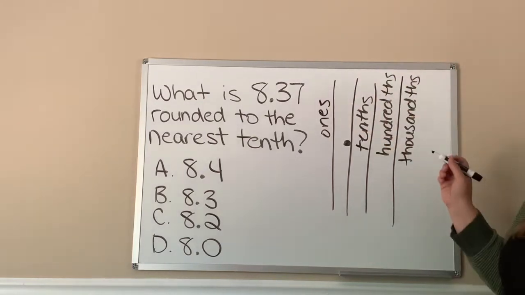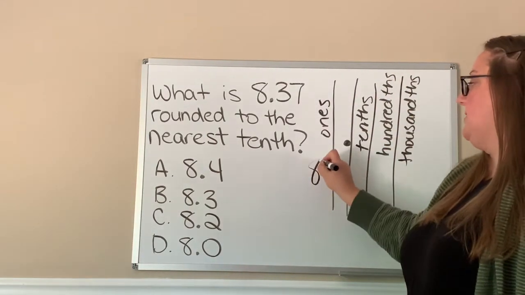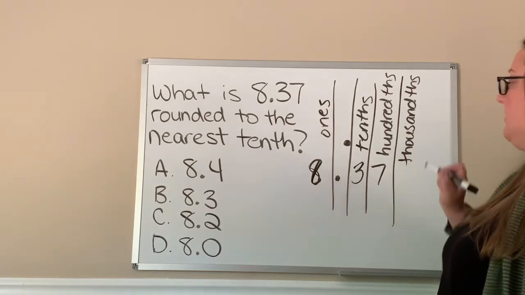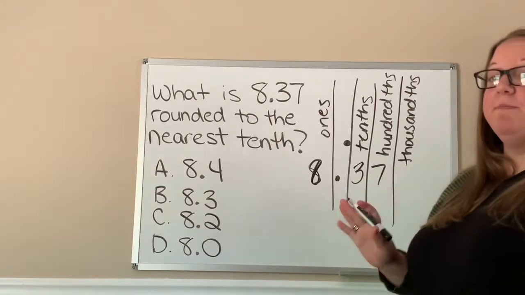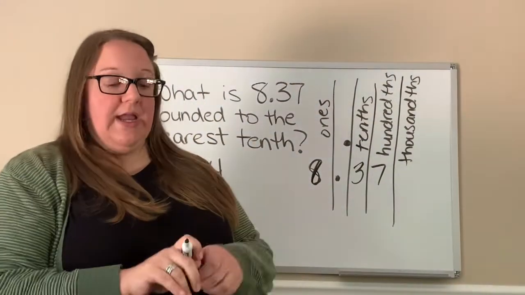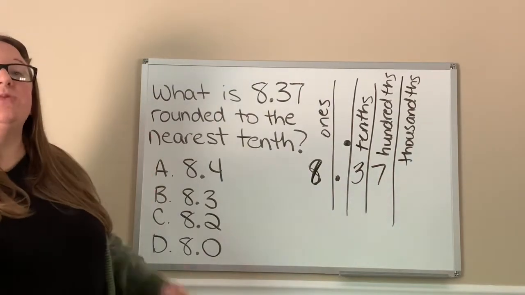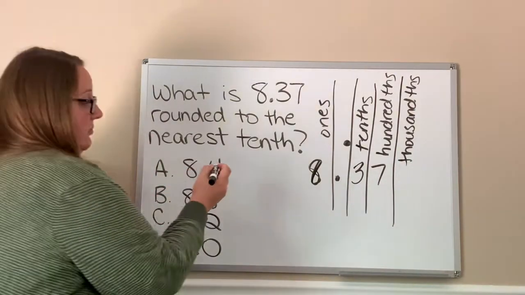So for this decimal in the problem, it would be 8 37/100. So the most important thing for you to remember in a rounding problem is that the problem is telling you which place value to round to, and that is this one right here.